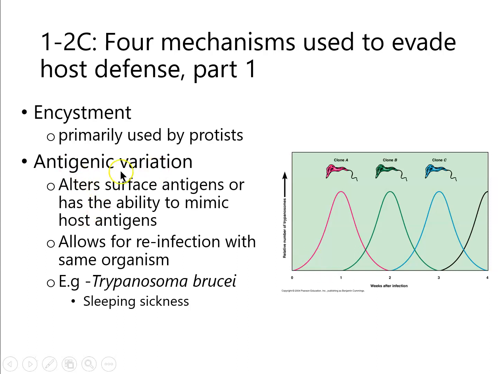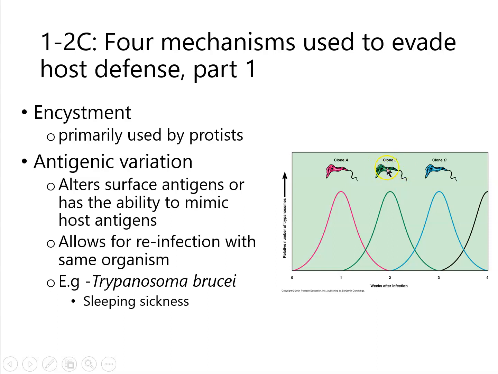Antigenic variation is a really nasty thing some pathogens can do to evade host defenses. What's shown here are trypanosomes. This is showing trypanosomes that can change surface molecules. And so we mount an immune response to this one with its surface proteins and surface sugars. We can develop antibodies against it, and then its offspring can switch and change to different surface molecules that our immune system will not detect.